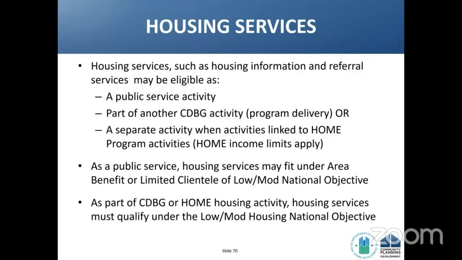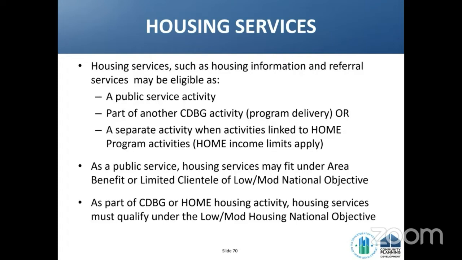Generally, it may be eligible as program delivery, even for people who are seeking to purchase a home, for example. Also, it's a separate activity under 570.201(k) when the activities are linked to HOME program activities.